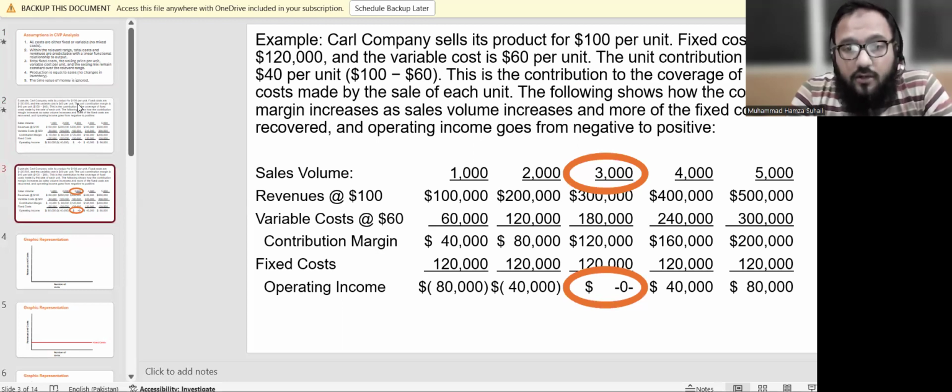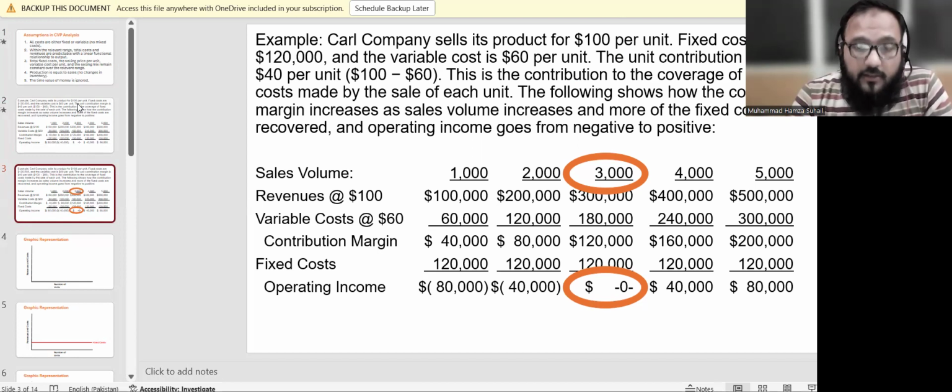The reason being that the contribution we were making from our sales was equal to the fixed cost of our organization, and all our costs are being covered now. It means we are earning $120,000 after deducting the variable cost, and the total fixed costs are equal to $120,000. So this means that we will not be taking anything else into our pocket, but thankfully we are also not bearing any loss because whatever costs we have spent, we are at least recovering that money. All right.